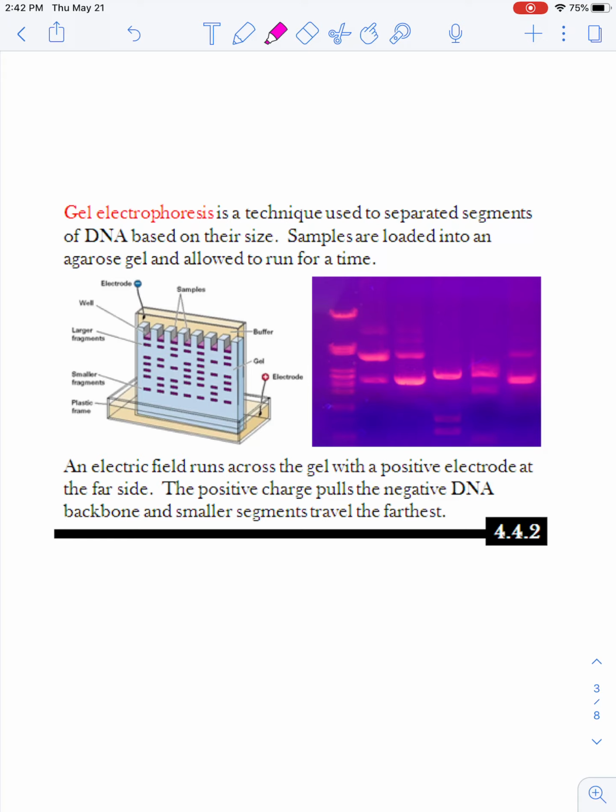So there is your definition of gel electrophoresis. And again, we see these different bands showing different movement. So the larger the DNA, the less movement you will get. The smaller the piece, the more movement.